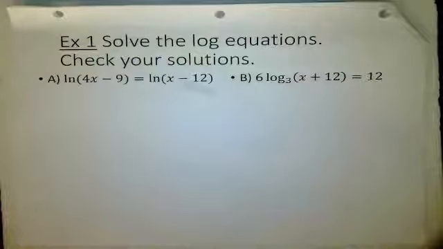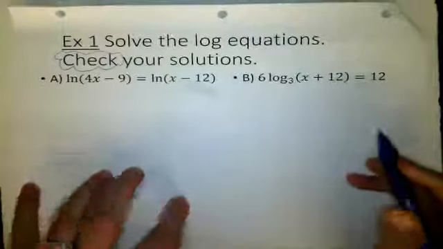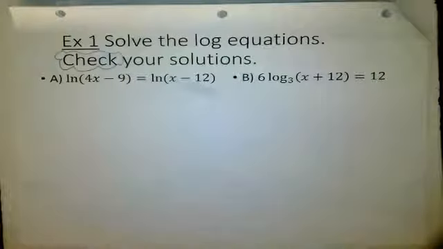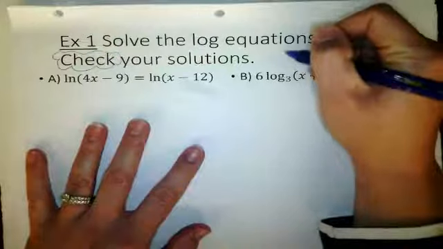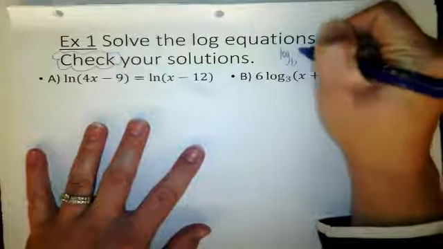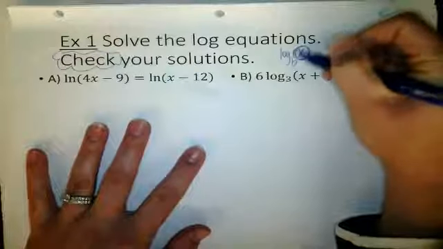Step 1, solve the log equations and check your solutions. Check, check, check. Okay, you must check. These are log equations, and if you have log of x, it has a domain restriction.